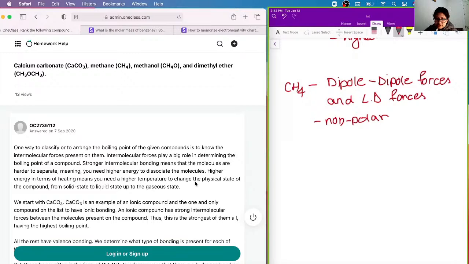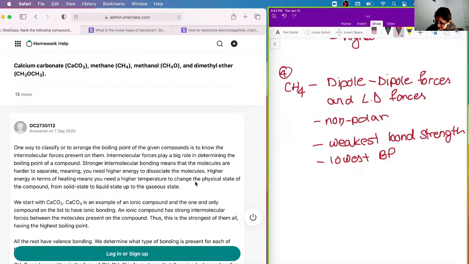And so this, having nonpolar dipole and London dispersion, you can probably say that this is very weak, and so we can say that this is the weakest bond strength. So this would have the lowest boiling point. I would rank this number for being the least. Okay.